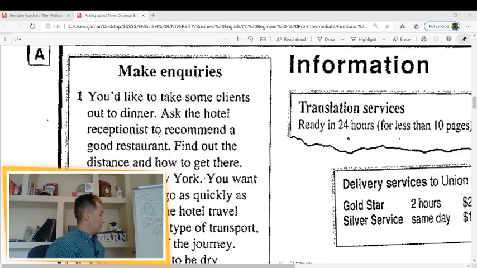Okay, so we need the formula for questions. This is information. When you ask for the time, they're going to give you information, right? The time, the distance, or the cost. So this is the formula for information questions.